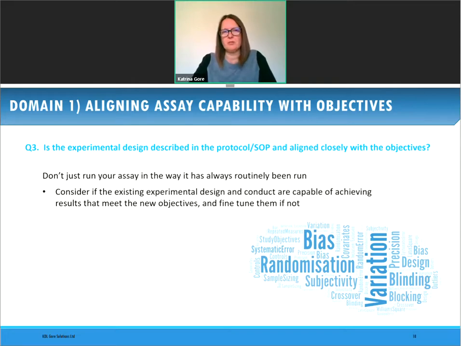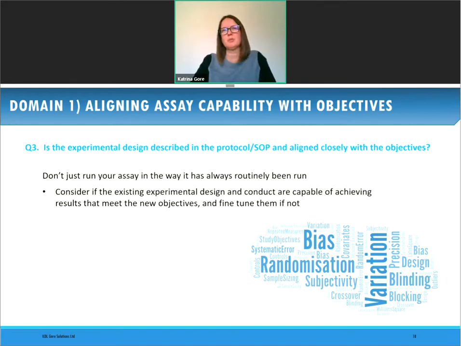Consider if your experimental design of your existing assay and the way in which you conduct that assay are capable of achieving results that meet the new objectives, the new run of this assay you're going to perform, and fine-tune them if not. Are you changing strains of animals? Will that increase variability? If so, you'll need to think about sample size.